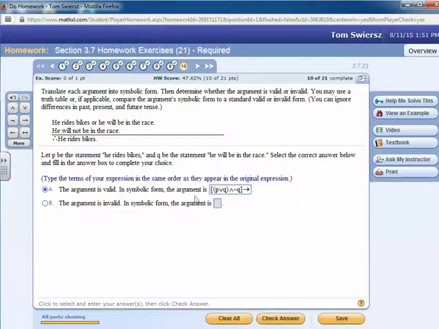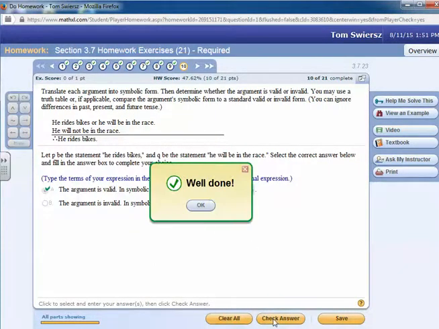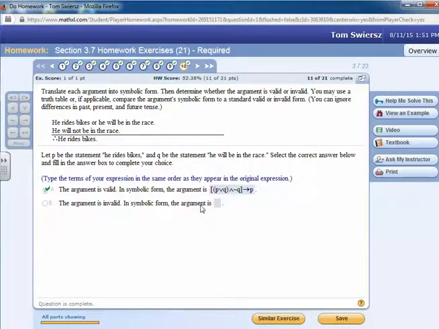And then you make an if-then, so a right arrow. He rides his bike, which is P. So there's the argument. If we did a truth table for that, we would get all truths in the last column, which means it's a tautology, which means the argument is valid. But we didn't have to do that because we matched it to one of the forms on page 186 of the textbook. All right, very good.